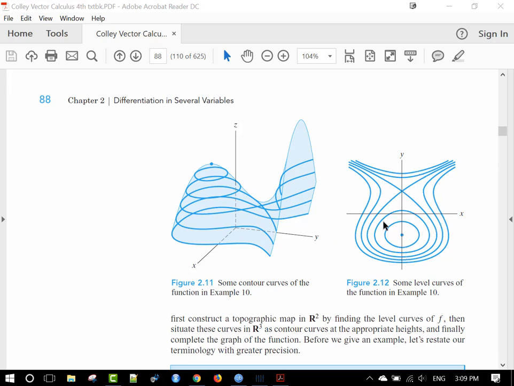So the level curves come from, if you stood above here and you looked down on it, you would see this picture. But nevertheless, these are curves in the plane. This is the plane, so these are curves in the plane, whereas these are curves in 3D. So these are called the level curves, and these are called the contour curves.